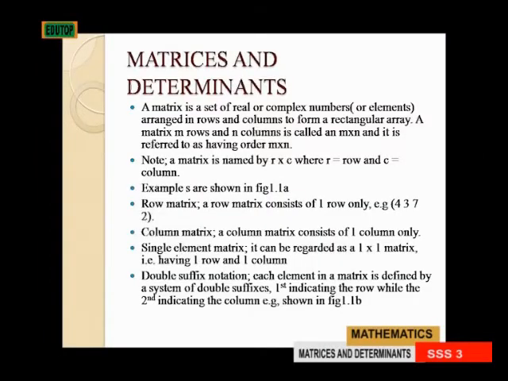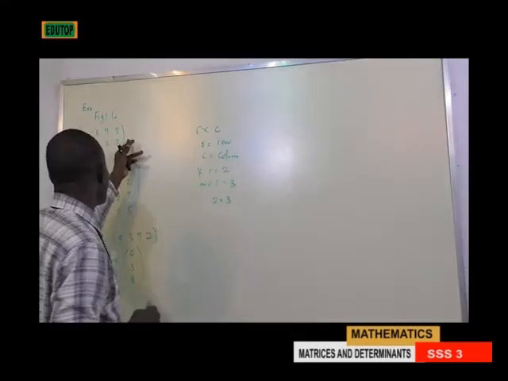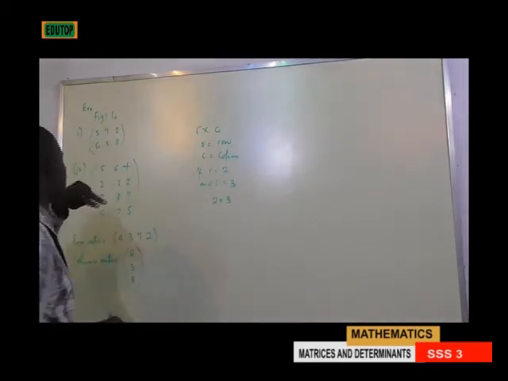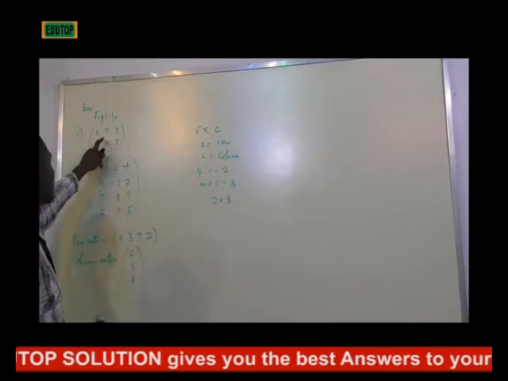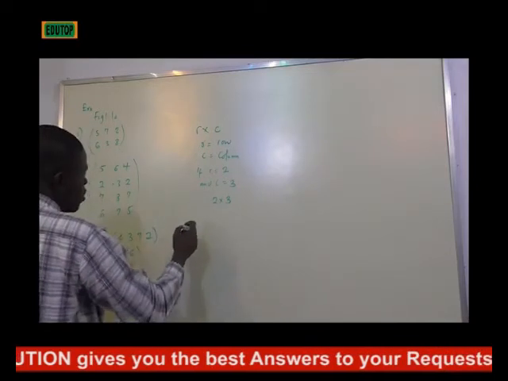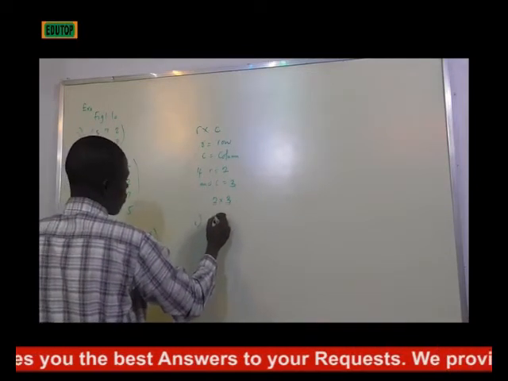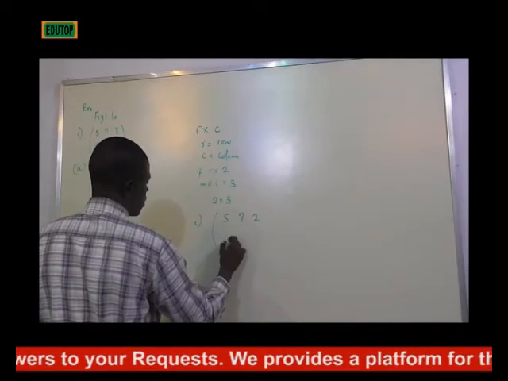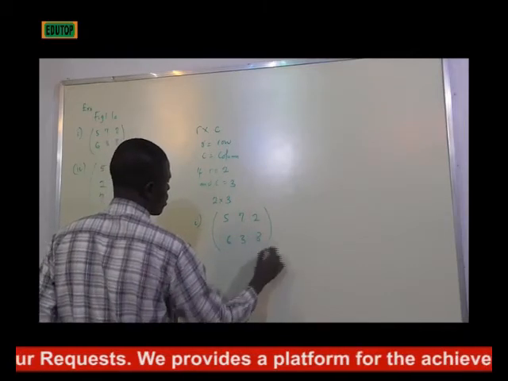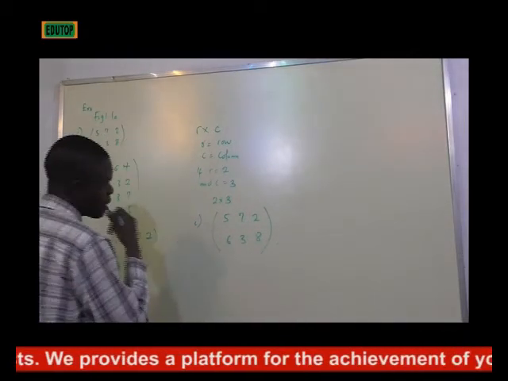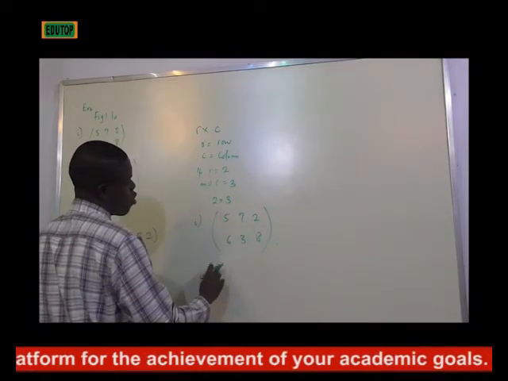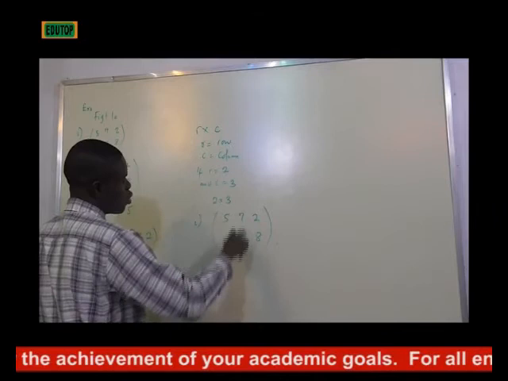Examples are shown in figure 1.1a. If you look at this, where we have 5, 7, 2, 6, 3, 8, the rows here are 1, 2, so we have 2 rows. Then the columns are 1, 2, 3.